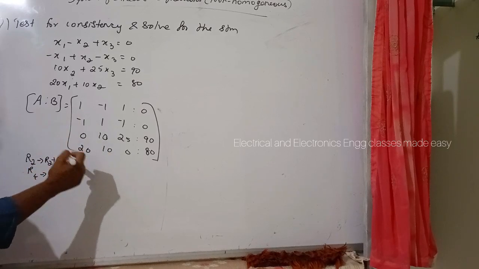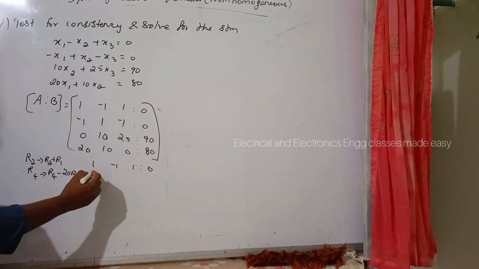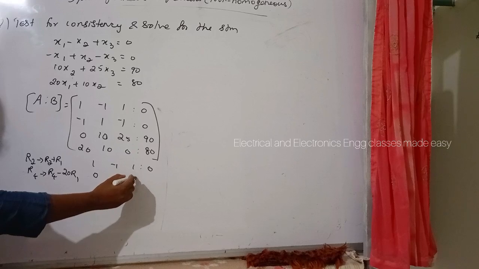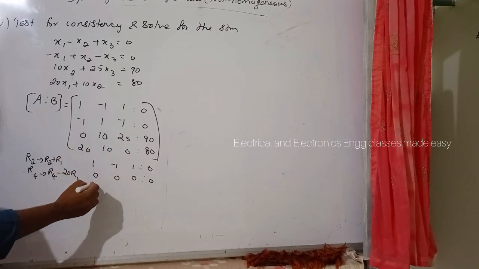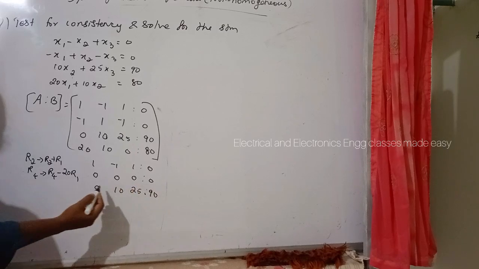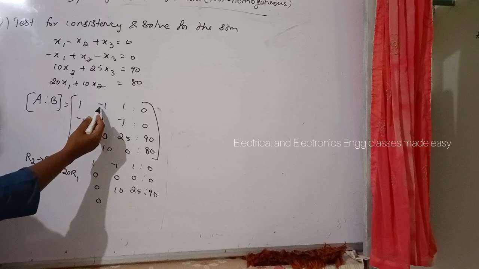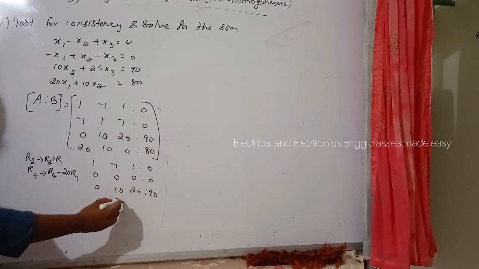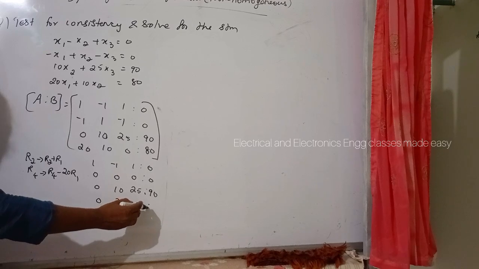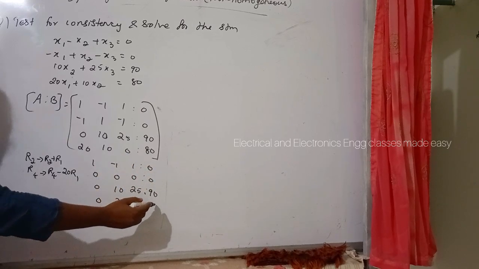Here we will get 1, minus 1, 1, 0, then 0, 0, then 0, 10, 25, 90, then 20 minus 20, 0, 10 plus 20, 30, then 0 minus 20, minus 20, then 80 minus 0, that is 80.